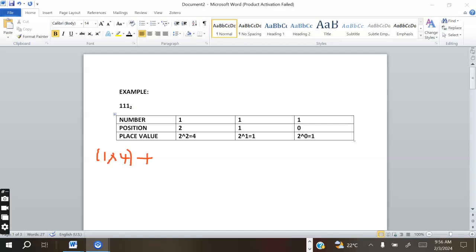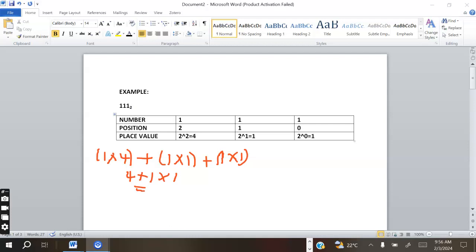Then you add 1 multiplied by 2, plus 1 multiplied by 1. Okay, 1 multiplied by 4 is 4. Then 1 multiplied by 2 is 2. And lastly, 1 multiplied by 1 is 1.